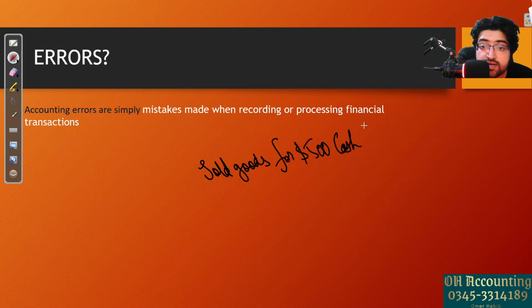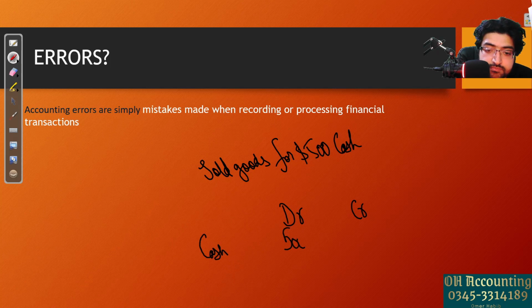Now, if you have a good understanding of accounting, the rules of debit and credit and chapter number 3, you should tell me that cash should be debited by 500 and sales should be credited by 500, right? But if I debit cash by 500 and credit sales by 600, this is an accounting error.